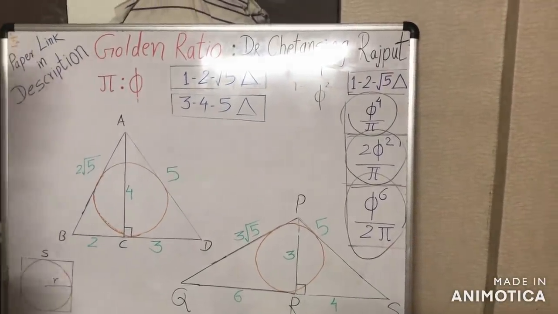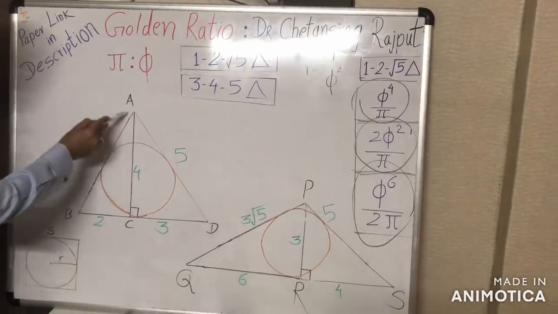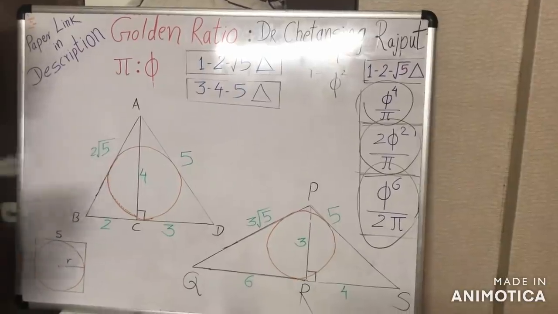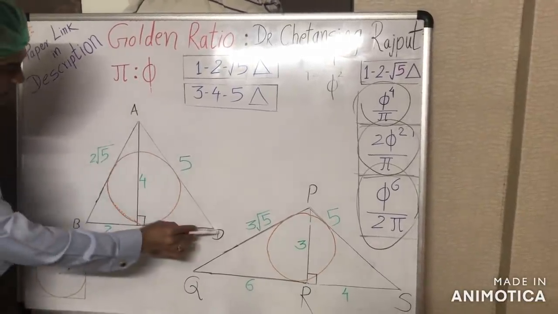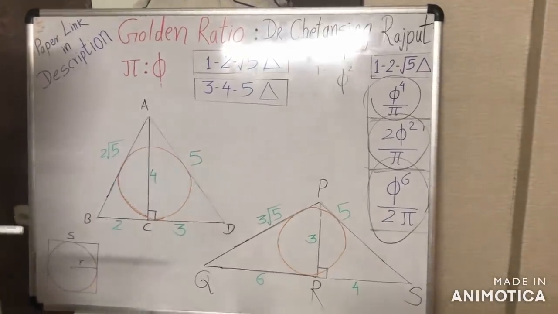Like this, consider this triangle ABC. This is the 1 to root 5 triangle, and in this triangle ABC, this is the 3, 4, 5 Pythagorean triple.